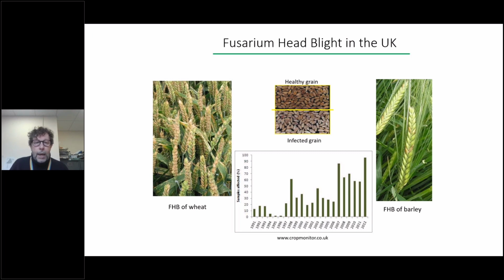You can see here the symptoms on wheat on the left and barley on the right. If you go into the grain, the infected grain tend to take on this powdery pinkish discoloration, and they're usually extremely light because of the fungal colonization of the grain and consumption of the carbohydrate and starch.